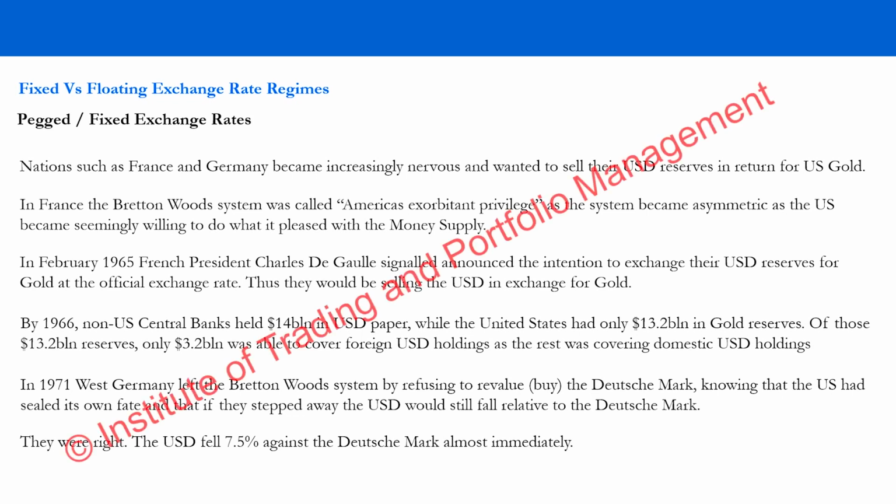And then in 1965, Charles de Gaulle, the French president at the time, announced his intention to exchange France's US dollar reserves for gold at the predetermined, agreed upon official exchange rate. So they would be selling their US dollars in exchange for gold.